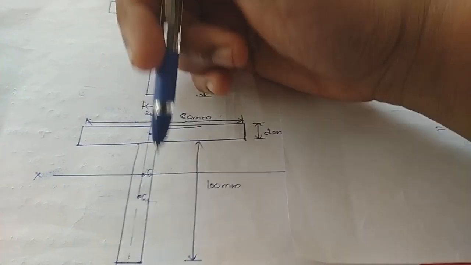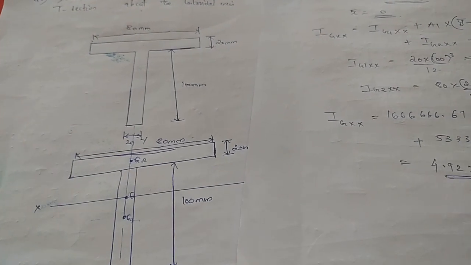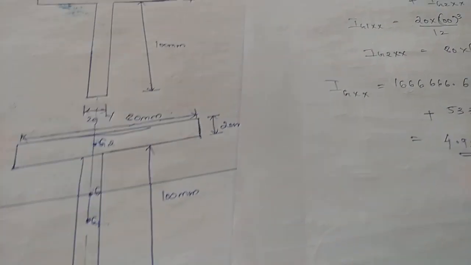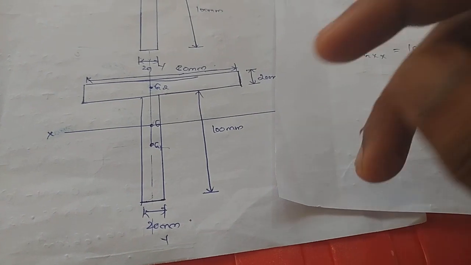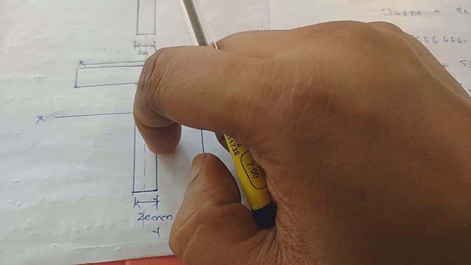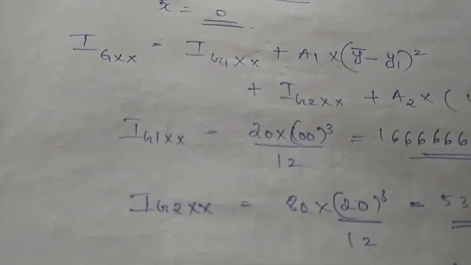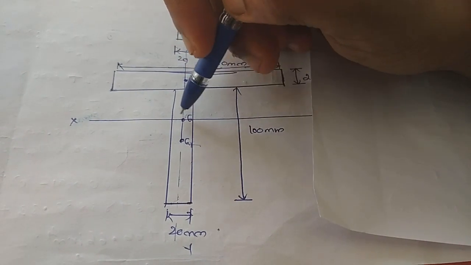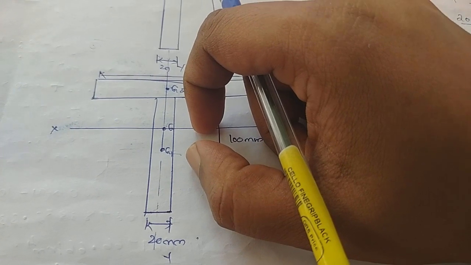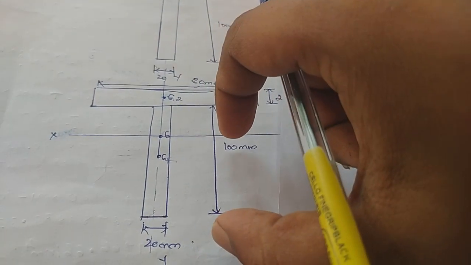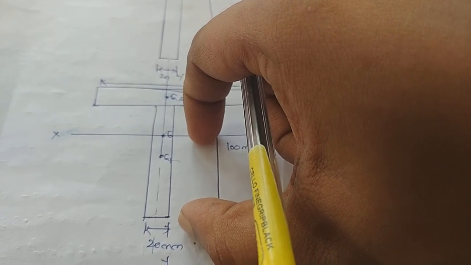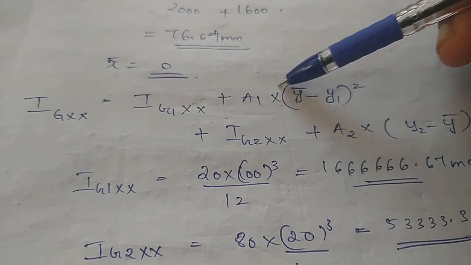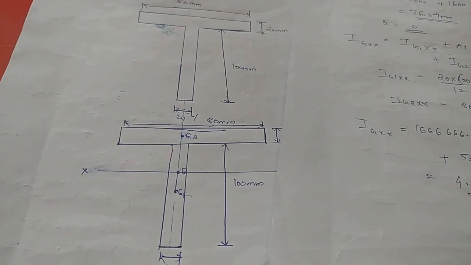The moment of inertia is IG1XX plus the area of section 1 into the height difference between the G1 axis and the G axis, squared. That is y bar minus y1, squared.